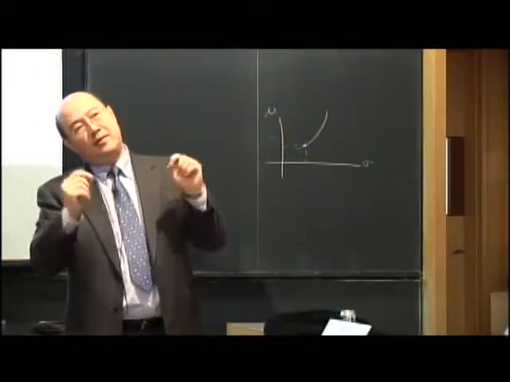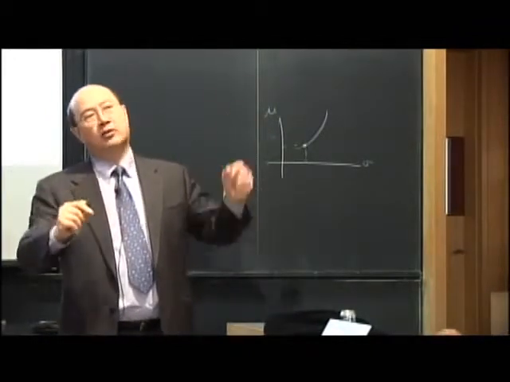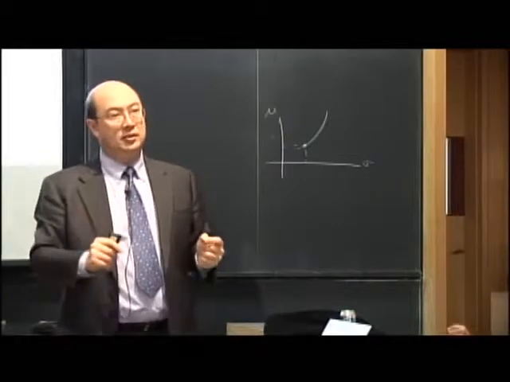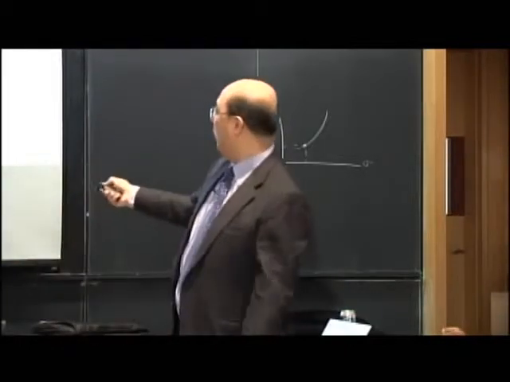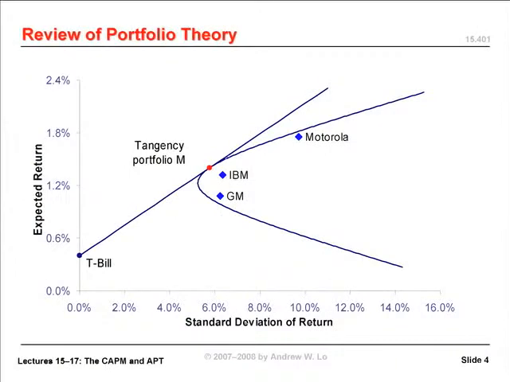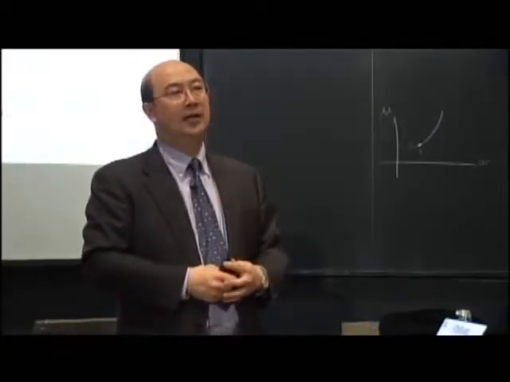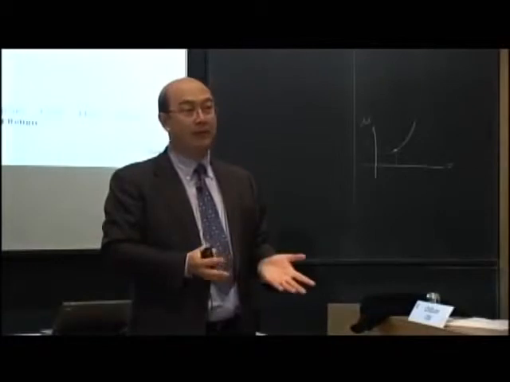But that presupposes that there's capital market integration throughout the world. In other words, if I call this the world portfolio, implicitly I'm assuming that you're free to trade stocks in any part of the world freely. There's no barriers to trading. And we know that that's not the case. There are barriers, in fact.